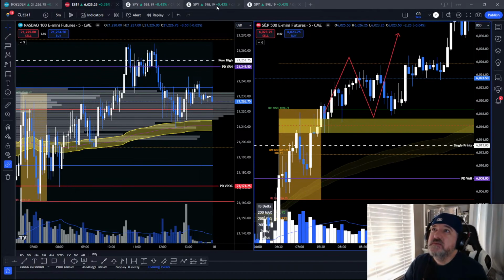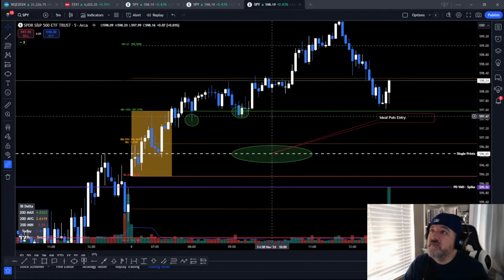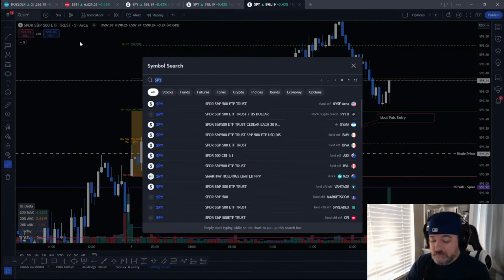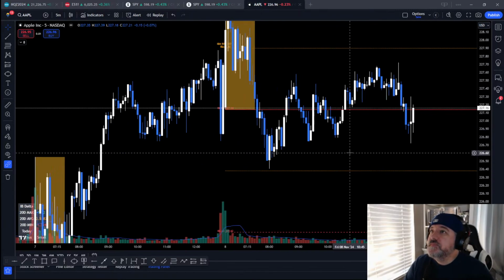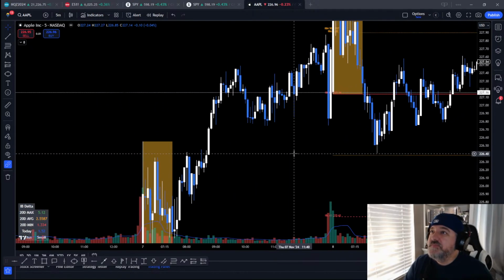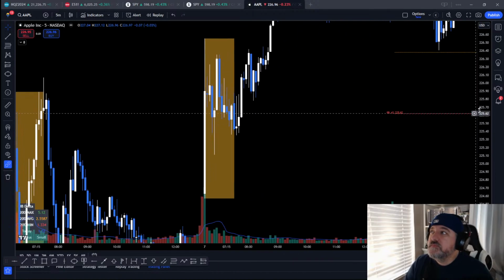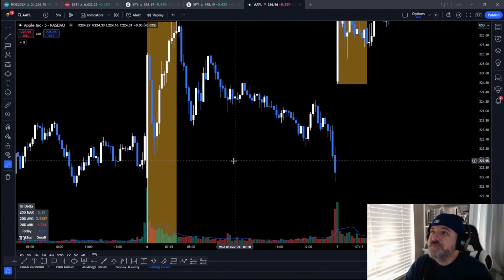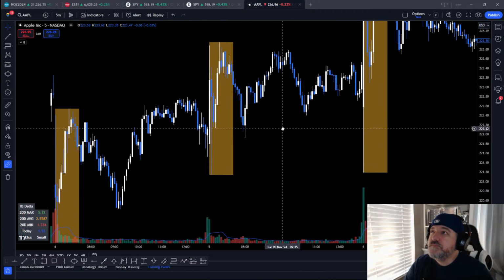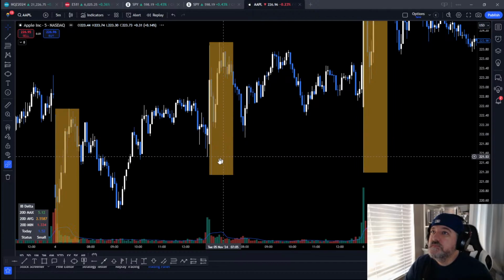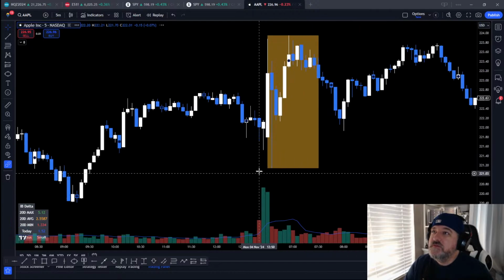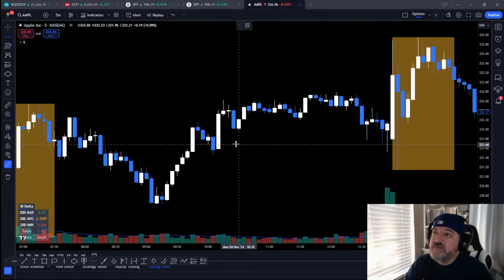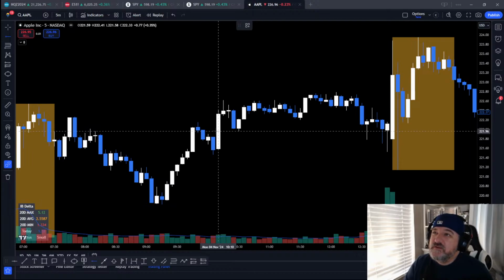So let me just go to a chart where I don't have a bunch of lines, and then try to find an example. Okay, obviously this is fiction as I don't have a level here, but I'm just showing this as an example.